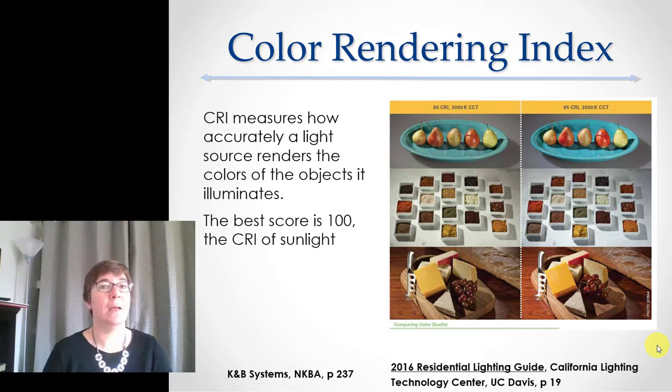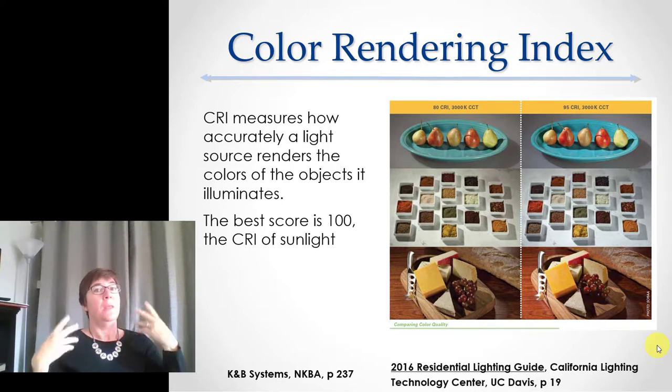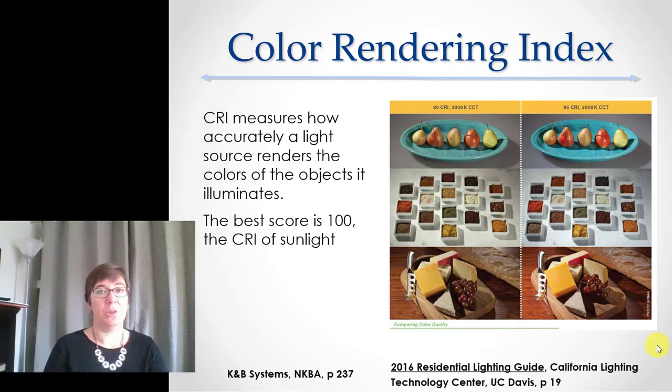So why is this important? Why am I teaching you about color rendering index? Why is it included? Well, it's really important, especially in kitchens, as these examples show, that you be able to distinguish between your different colors, and also to be able to enjoy those different colors. It's very important in bathrooms for people to be able to distinguish the colors, especially in their grooming activities.